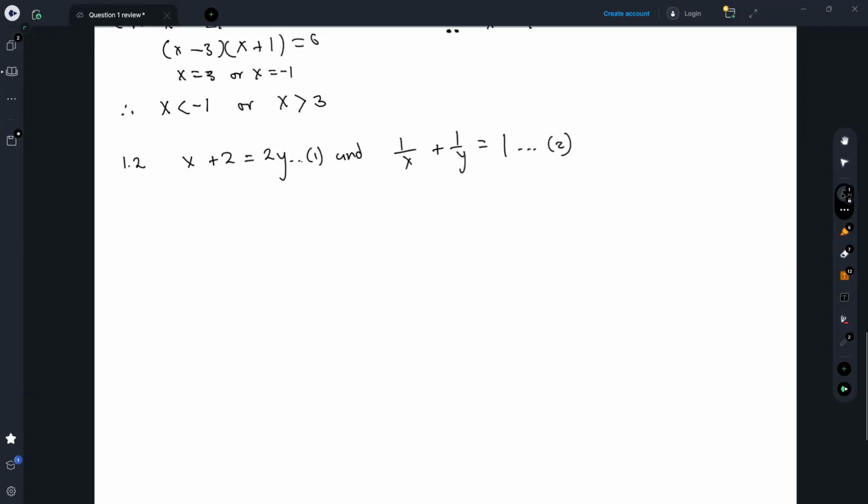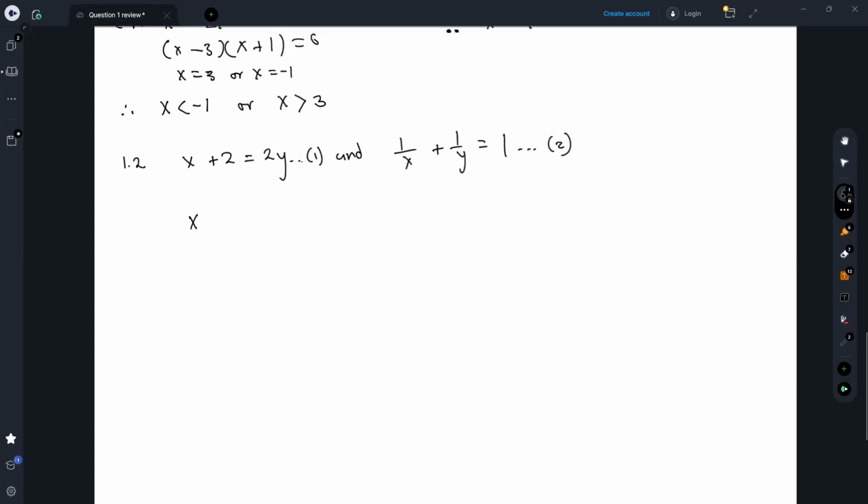So from equation 1, since it's the simplest between the two, I can make x subject of the formula here because it's easy, right? I wouldn't have to divide by 2. You can if you want to, but in this case, it's easy just to make x subject of the formula.